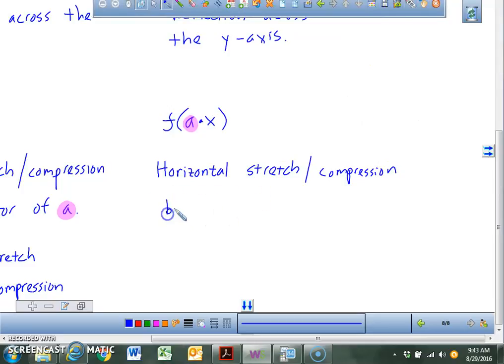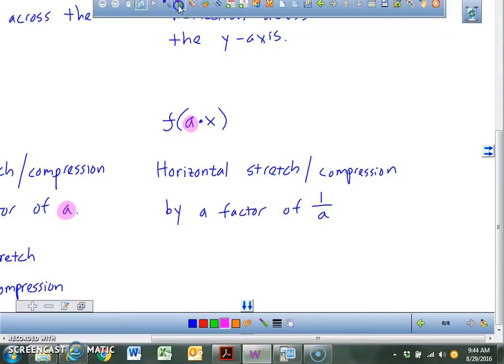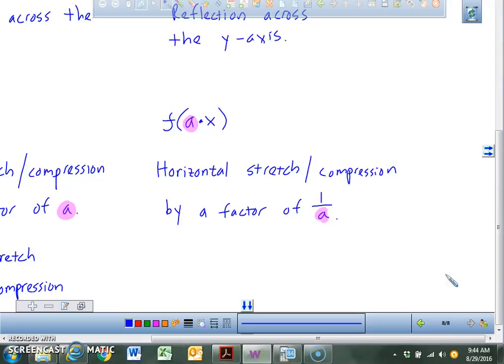Now, this is where it's going to be a little bit trickier, because if it's a horizontal stretch or compression, it's going to be by a factor of 1 over whatever your a value is. So in the calculator, you put 1 over whatever your a value is. Okay?